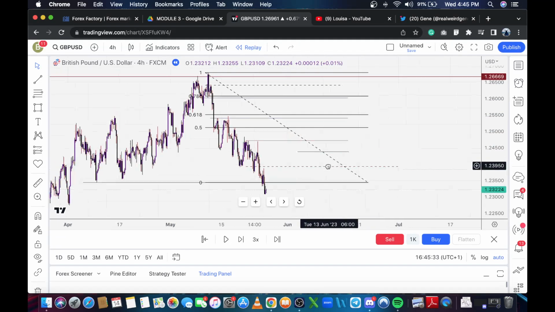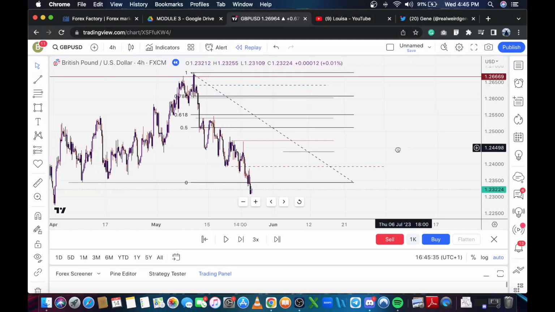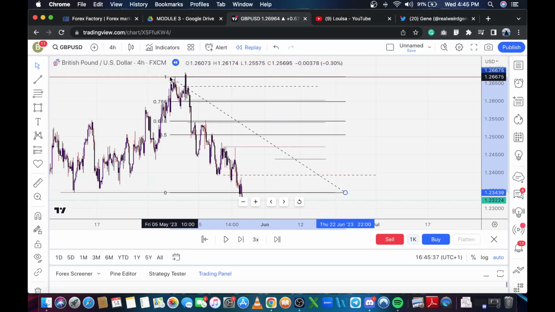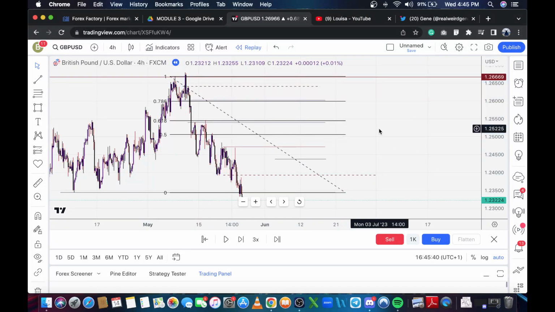I'm going to use this one, and I'm using this high here because this was a stop run. Usually when I see stop runs, I don't like using the stop runs. I like using the high prior to the stop run because the stop run was a play on liquidity. I think I talked about that in the previous video too.